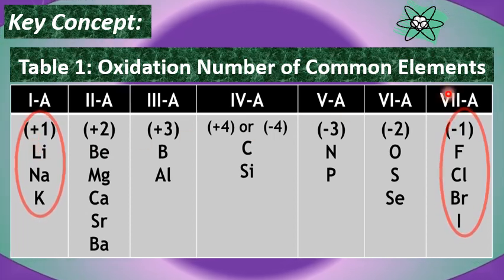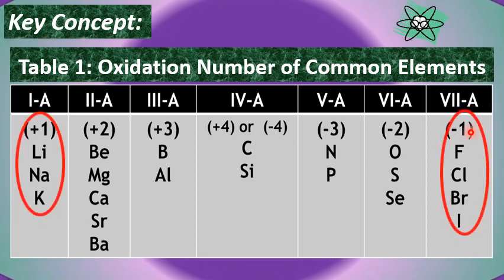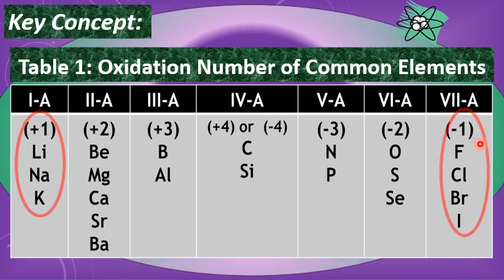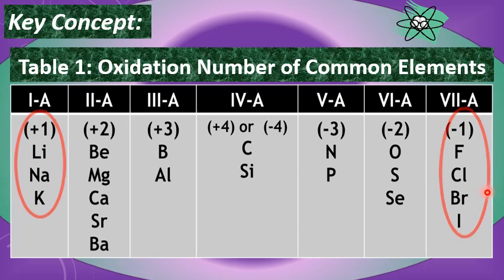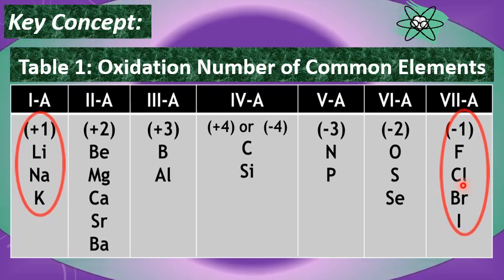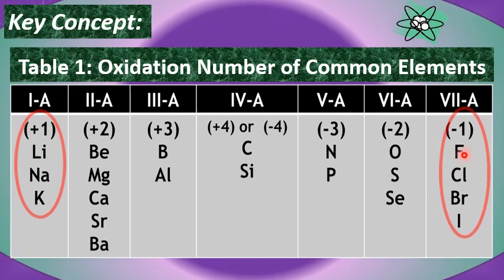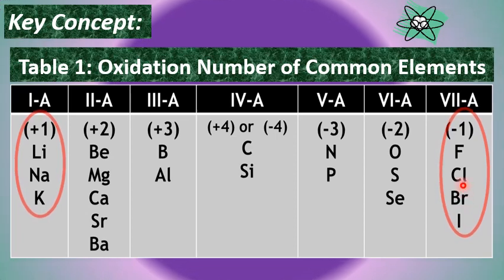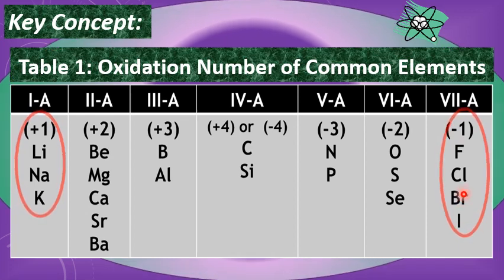On the other hand, elements of group 7A are assigned an oxidation number of -1, meaning that each element, such as fluorine, chlorine, bromine, and iodine, acquires one electron to become chemically stable.